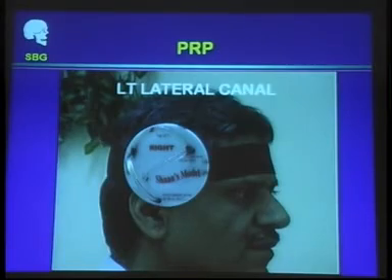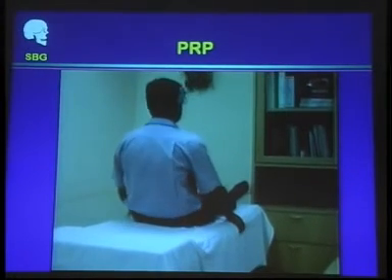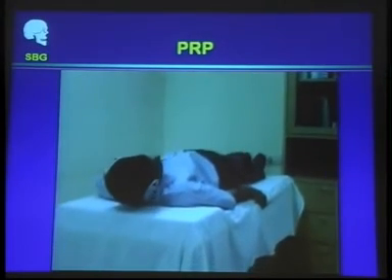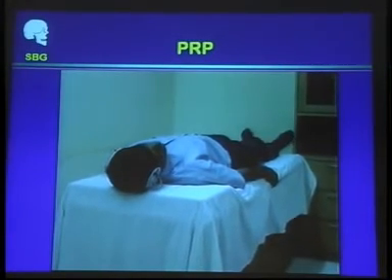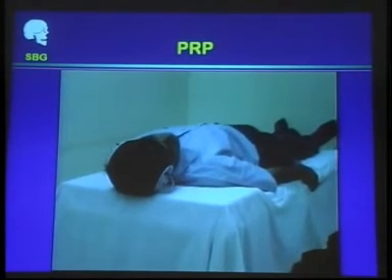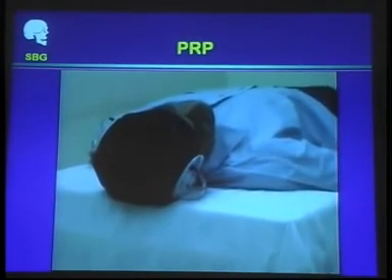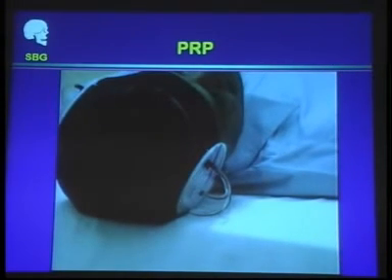Here again, what I use is the model. The difference is here the patient lies supine and the neck is not extended, just turned to the side, and then it's what is known as a log roll, and you just keep moving the patient by 180 degrees, again to the opposite side of the vertigo.